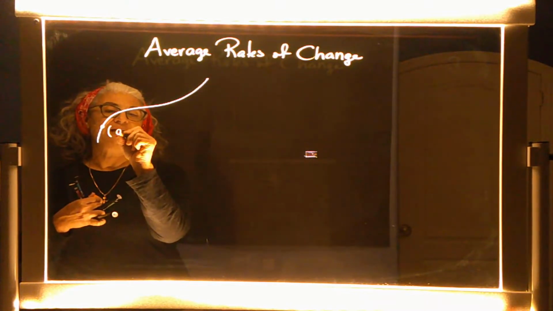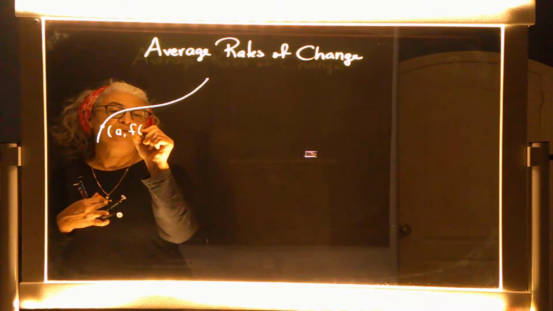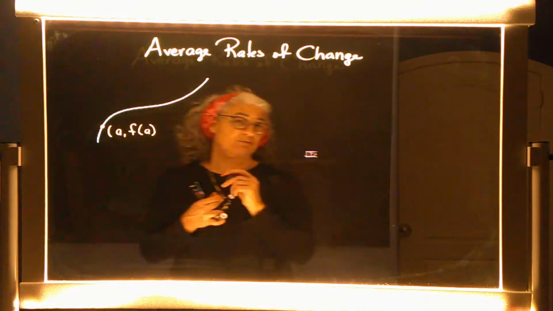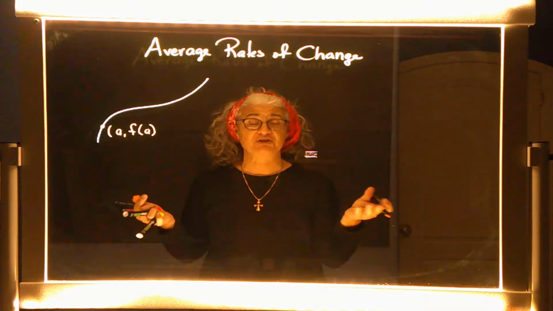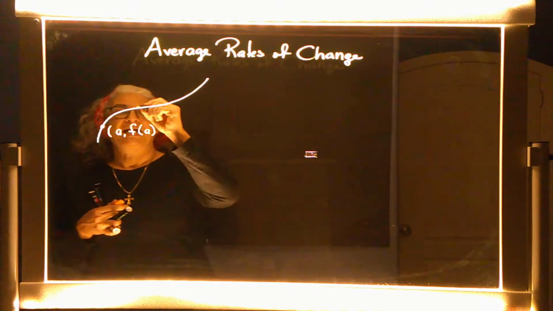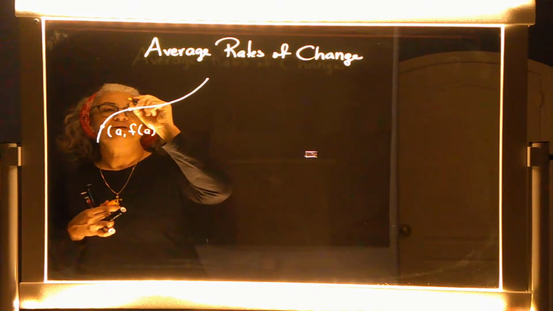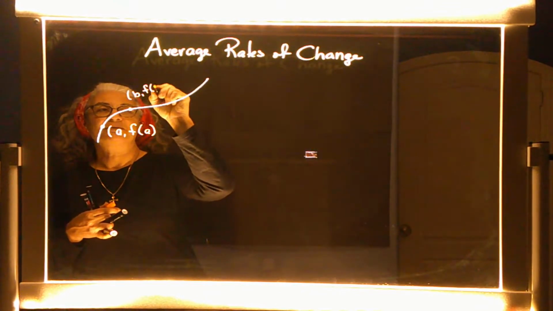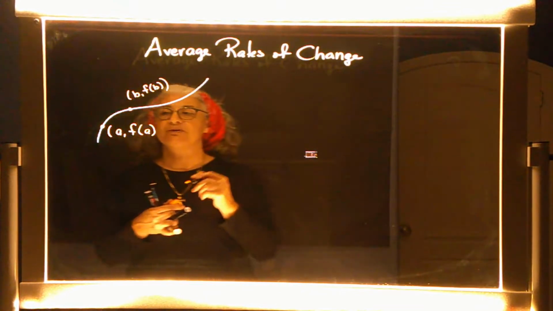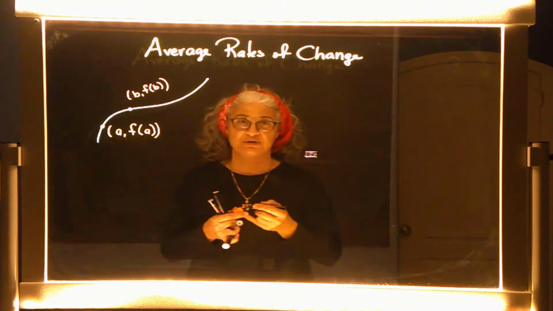So I'm going to call it A, and then the y value would be f of A, wouldn't it? Because I'd find the y value by plugging in the a to the function, agreed? Okay, and this point here, we're going to call it B, and then, yep, f of B, because that's how I would find its y value, agreed?